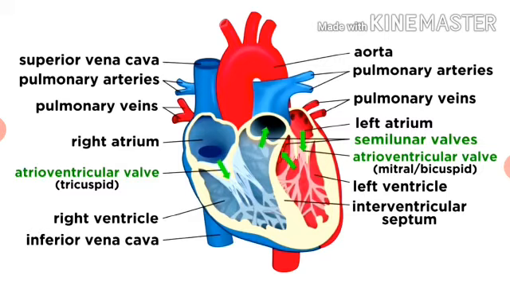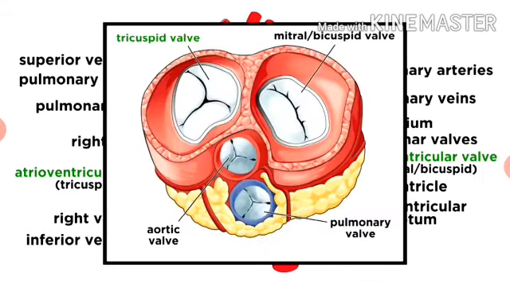The right one is tricuspid, meaning three flaps, and the left side is bicuspid, meaning two flaps. You can see, children, here tricuspid means three flaps, and bicuspid means two flaps. Okay?